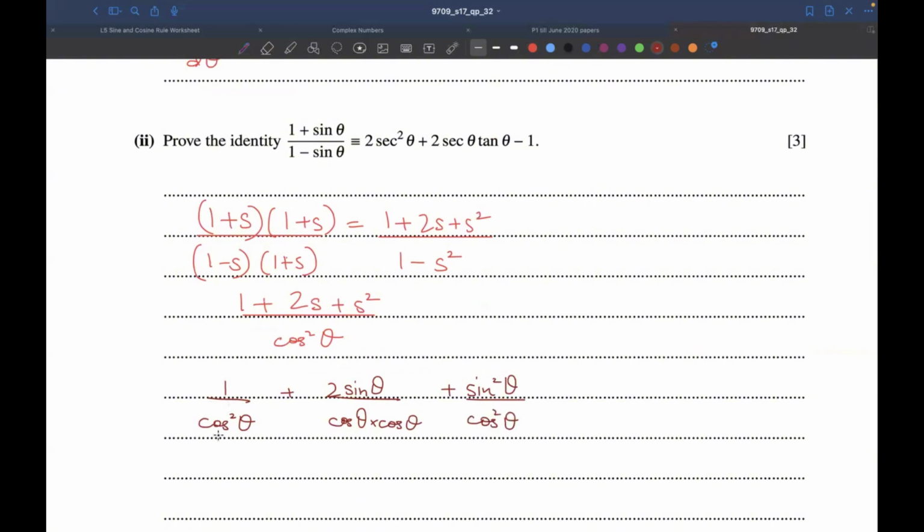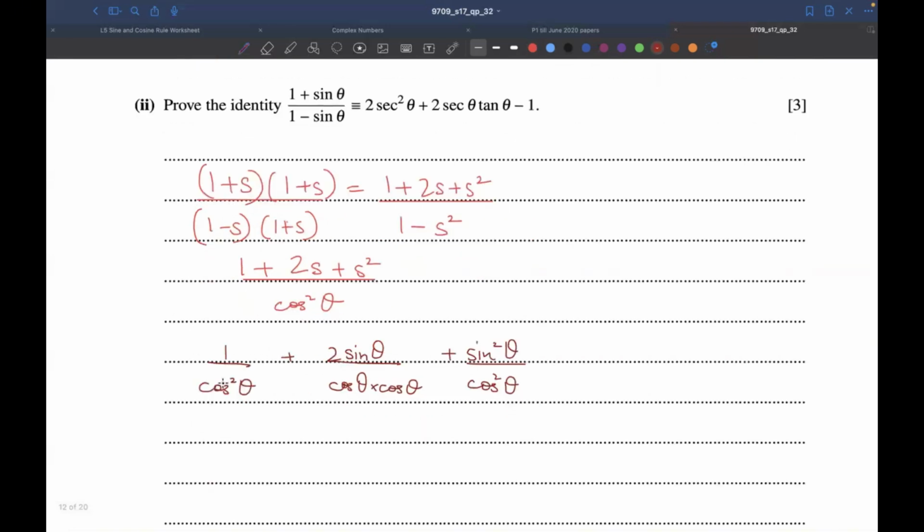So 1 upon cos square theta will become sec square theta, plus sine theta upon cos theta is tan theta, and 1 upon cos theta is sec theta, as we did earlier. So this will become 2 sec theta tan theta, and this will become plus 1.